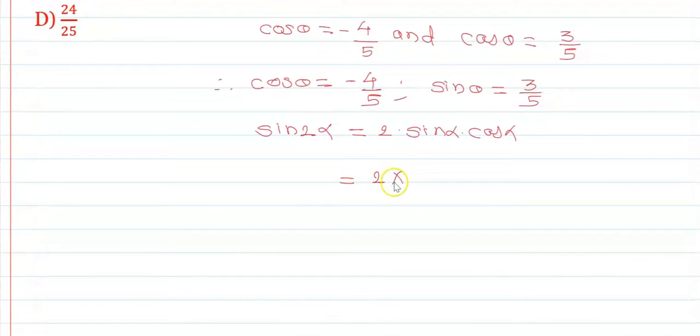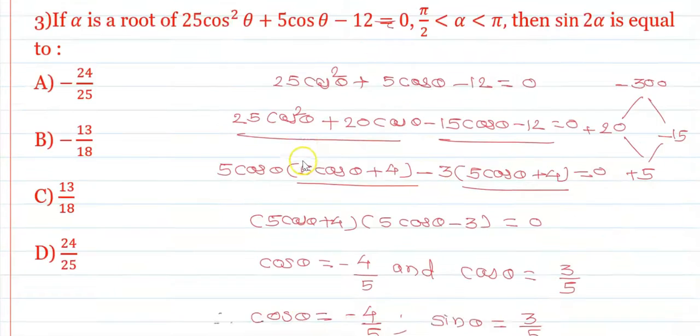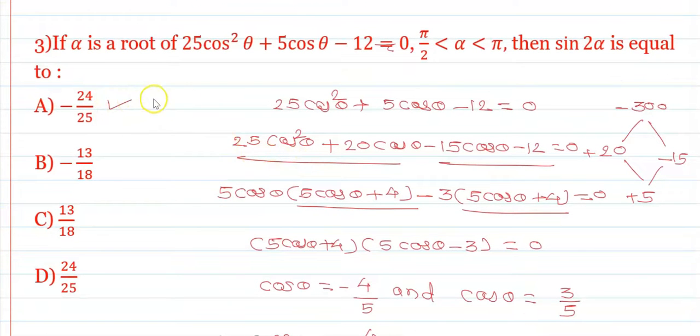That is 2 into sine, which is 3 by 5, into cos, which is minus 4 by 5, and their product is minus 24 upon 25. And hence option A is the correct one.